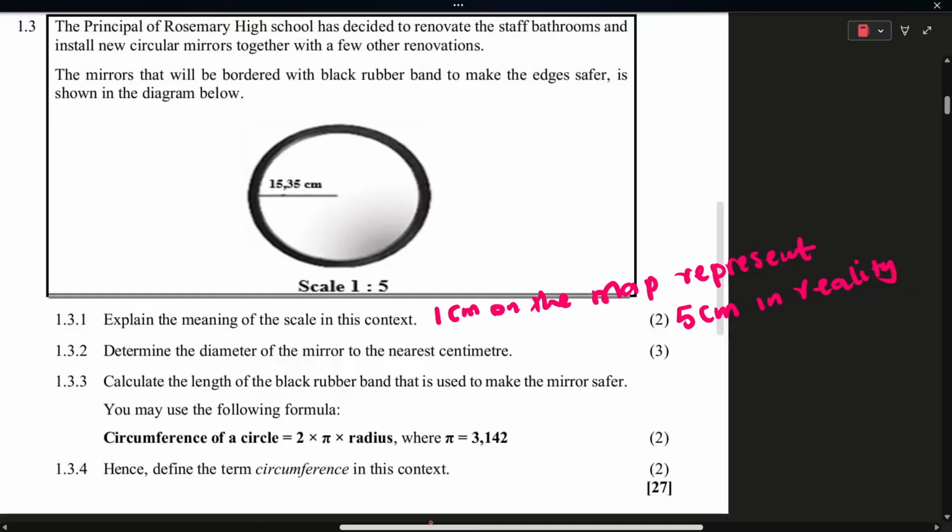Determine the diameter of the mirror to the nearest centimeter. Okay. Now, what you need to know in this type of equation, let me just workshop you a bit. 3.2. When we talk about a diameter, diameter is 2 radius. You see, it's 2r.